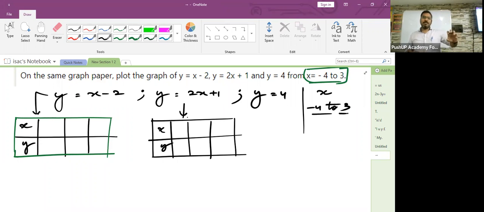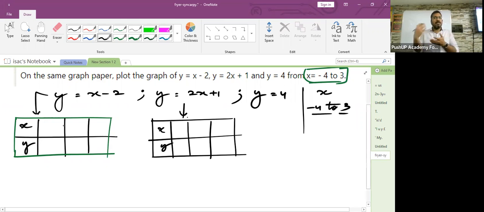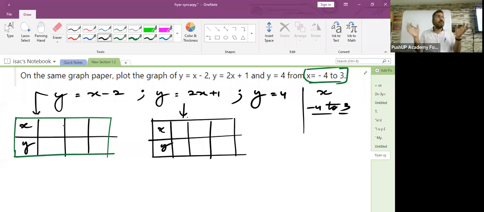Whatever values of x you give inside the table should come in the range of -4 to 3. Do you all agree with that? So when you're telling me x is equal to 0 or x is equal to 1 or x is equal to -3, please keep in mind that the range of x should be from -4 to 3. So between these values, your values of x should be taken.